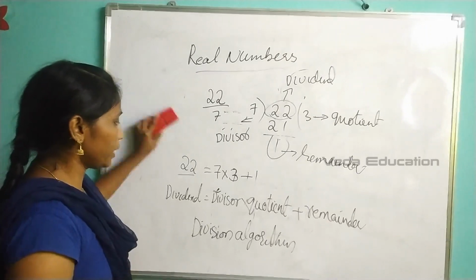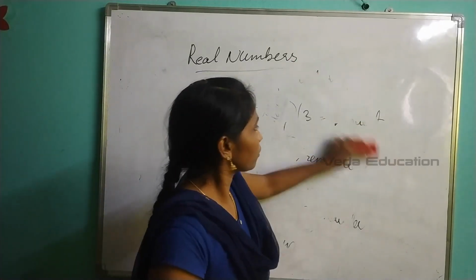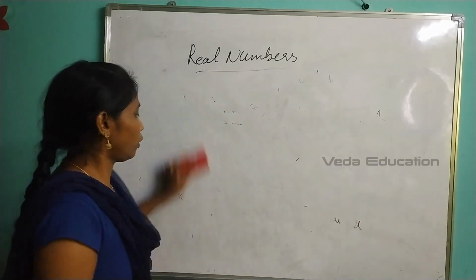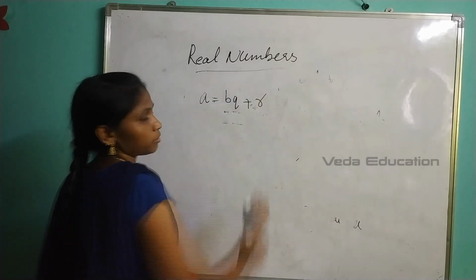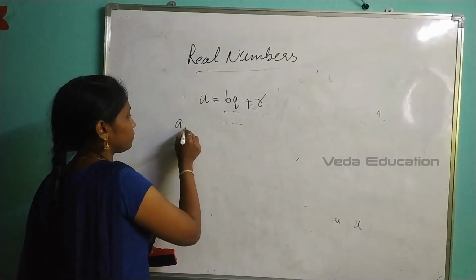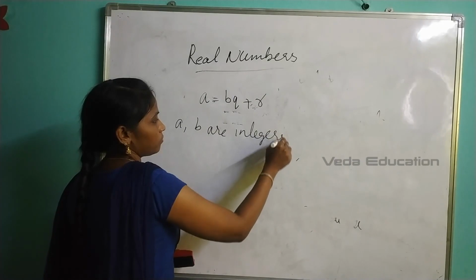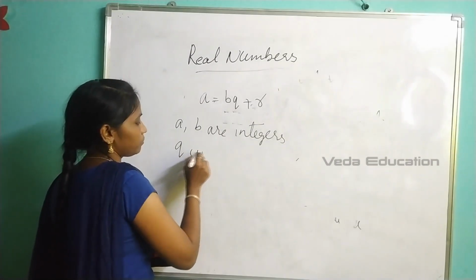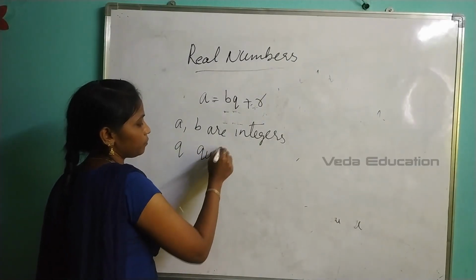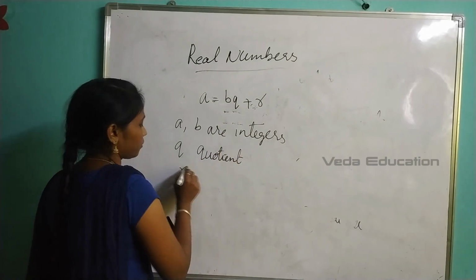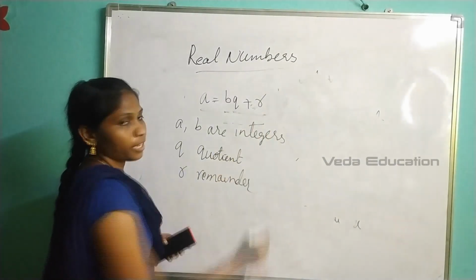Now Euclid's. For Euclid's, we have one formula, that is A equals BQ plus R. Here A and B are integers, Q is the quotient, and R is the remainder. So it looks like the division algorithm.